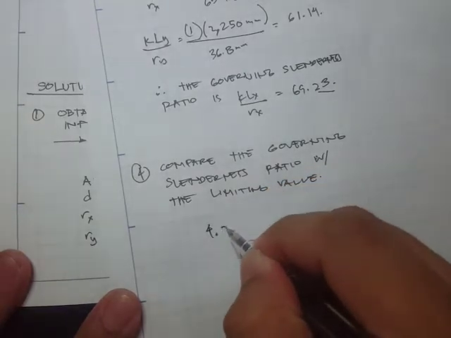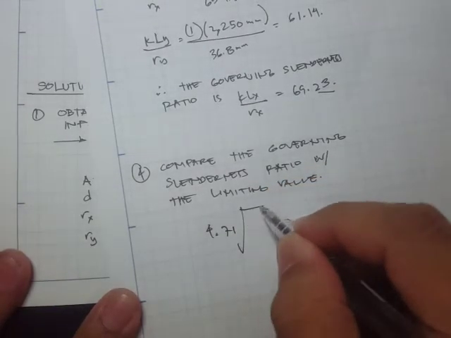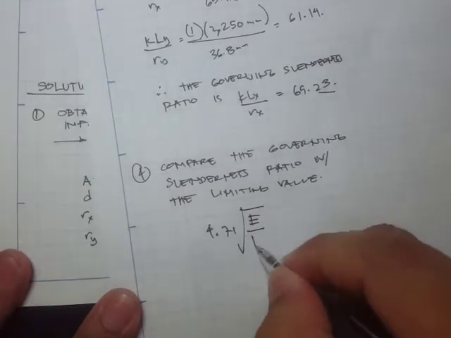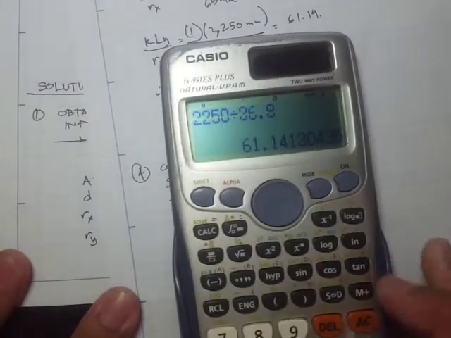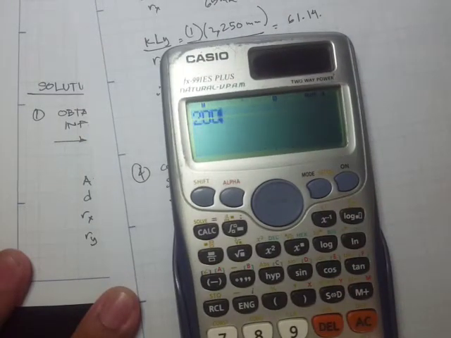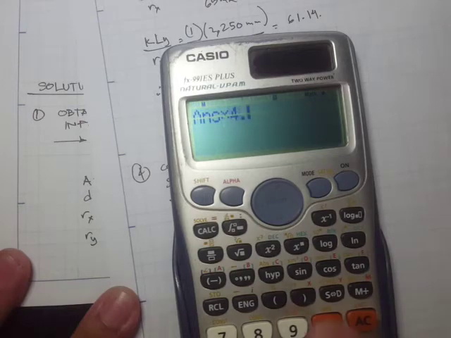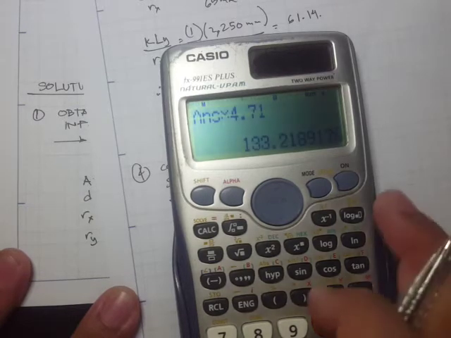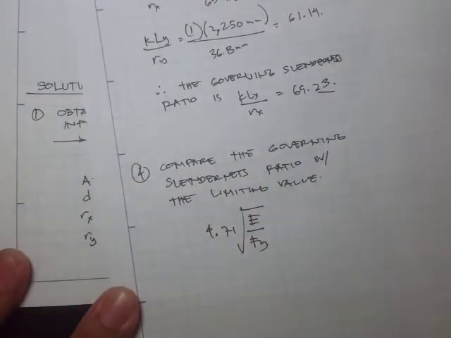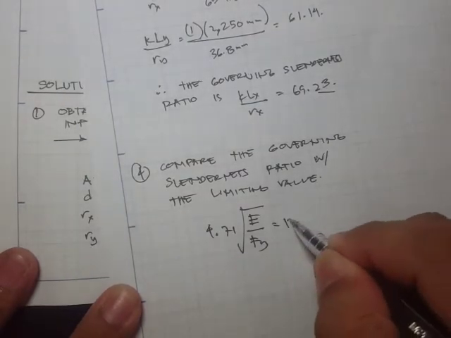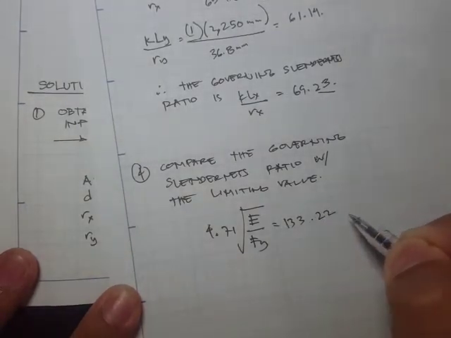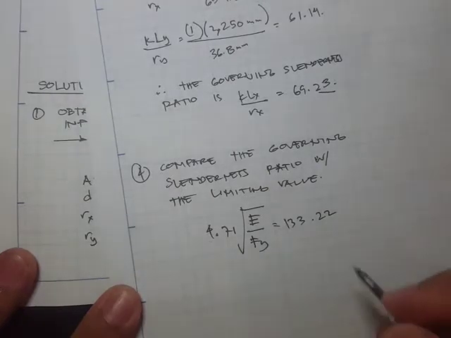So we have 4.71 square root of E all over Fy. So divided by 250 times 4.71. That's just 133.22.